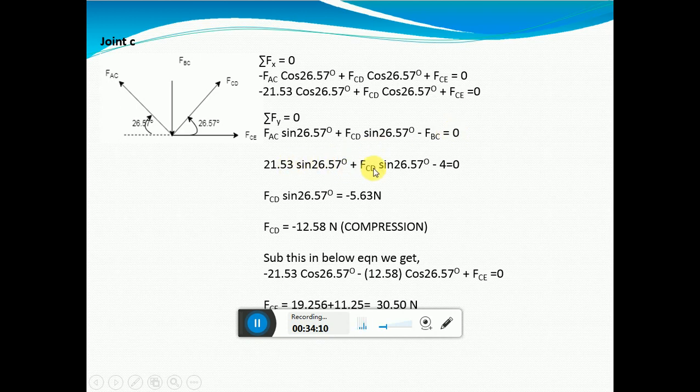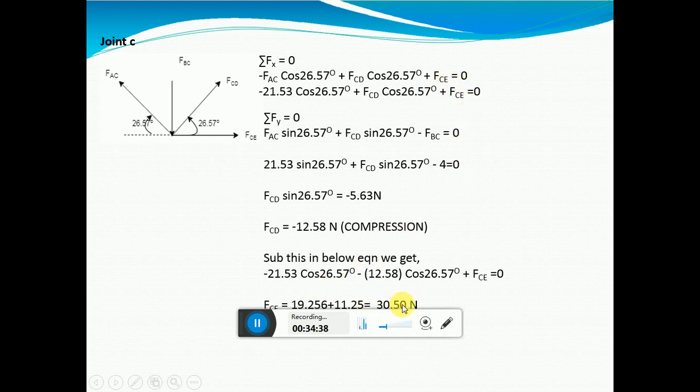Substitute the known values, you will get FCD as minus 5.63 divided by sin 26.57 degrees. So you got a negative value, so it is in compression. For this particular joint, use the same minus 12.58 and substitute here to find out what CE is.